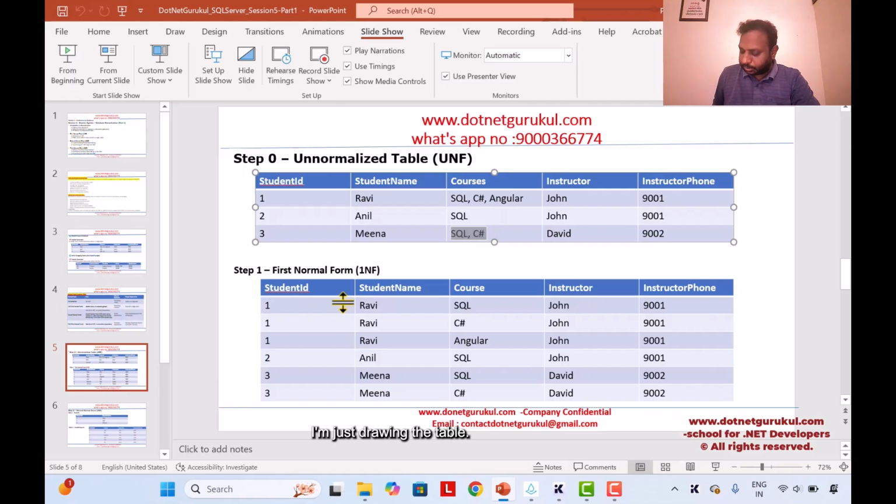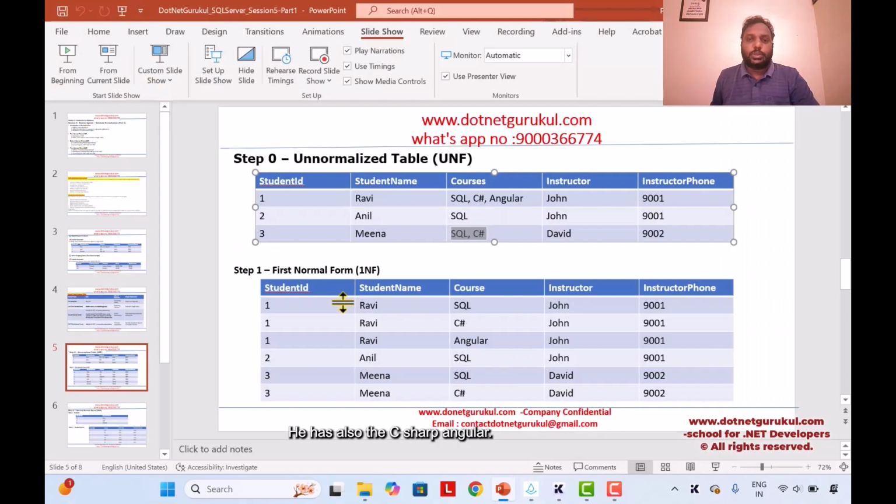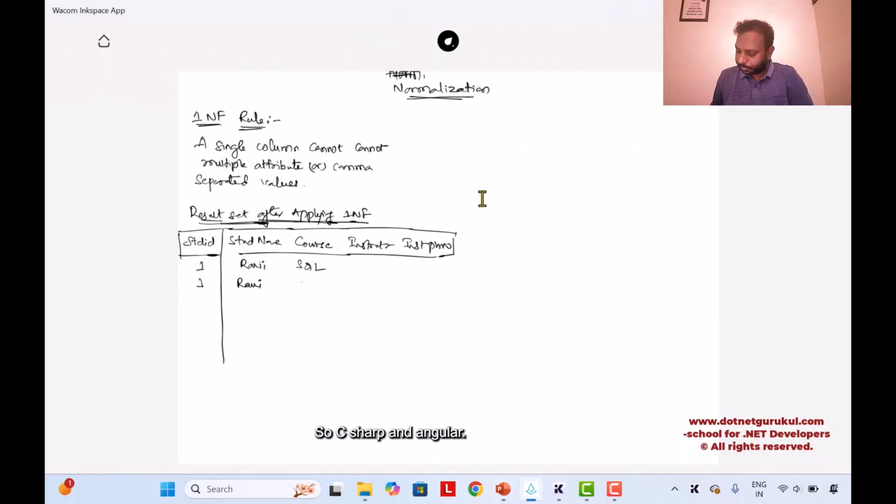I'm just drawing the table. One, Ravi, course SQL. One, Ravi again, he also has C sharp and Angular. So C sharp, and one, Ravi, Angular.